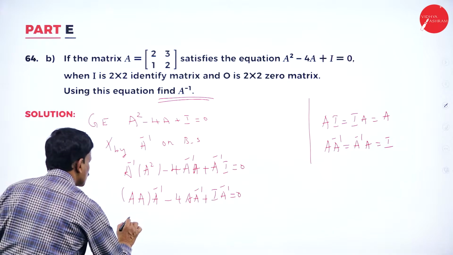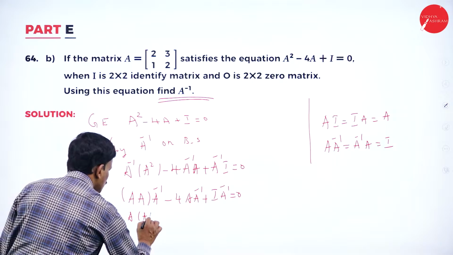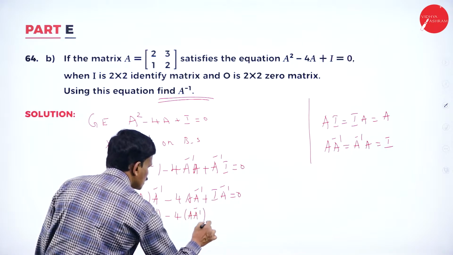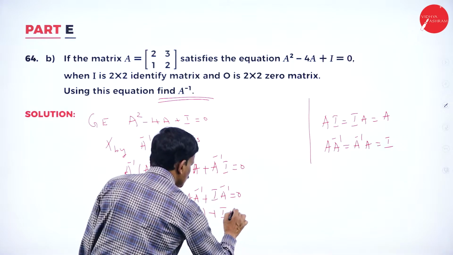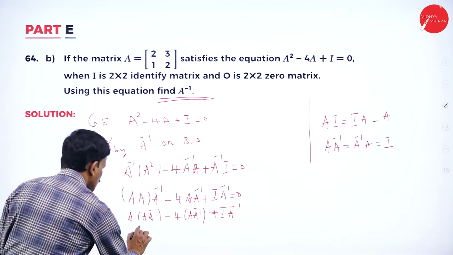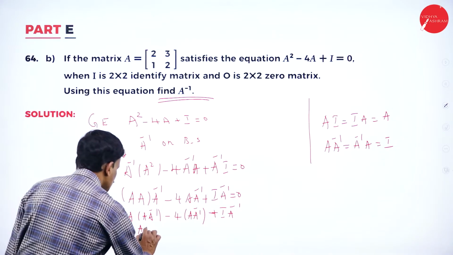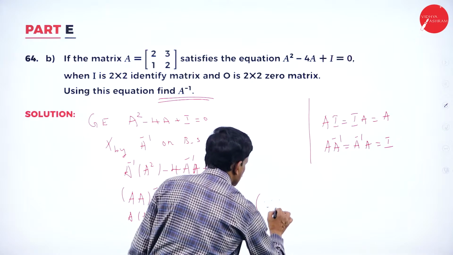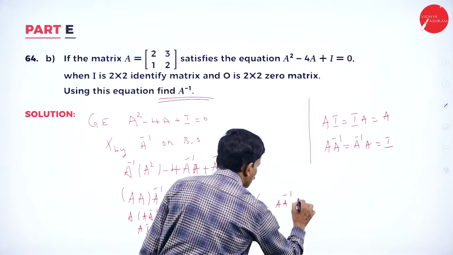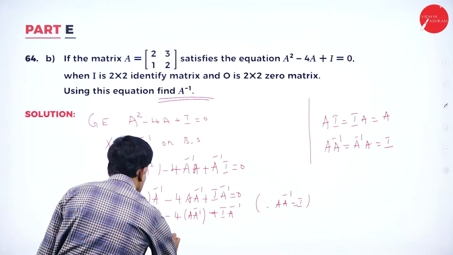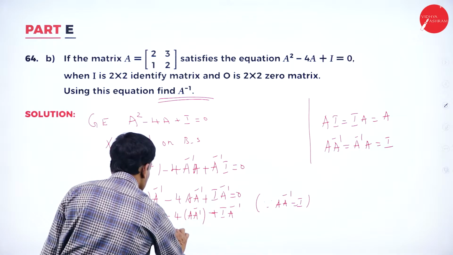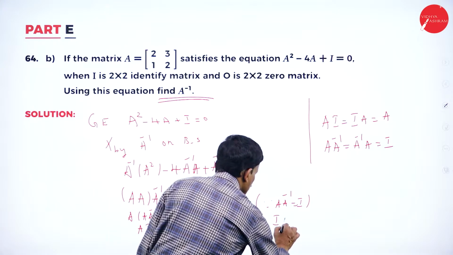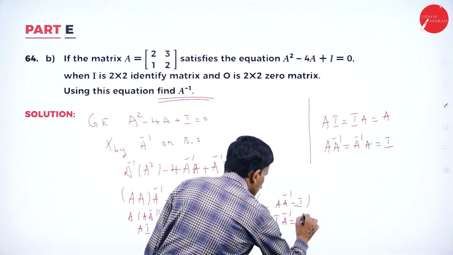Now, this can also be written as A into A inverse into A minus 4 A inverse into A plus I into A inverse. Since A inverse into A is equal to an identity matrix, we get A into I minus 4 into again A inverse into A, which is an identity matrix, plus what is I into A inverse? Any matrix into an identity matrix is equal to the same matrix.